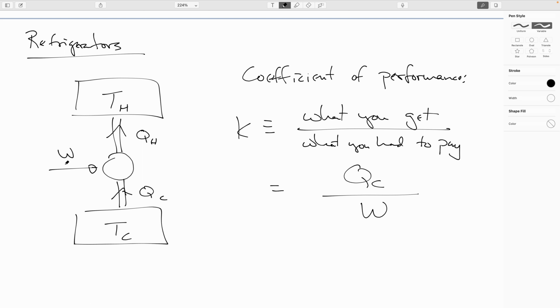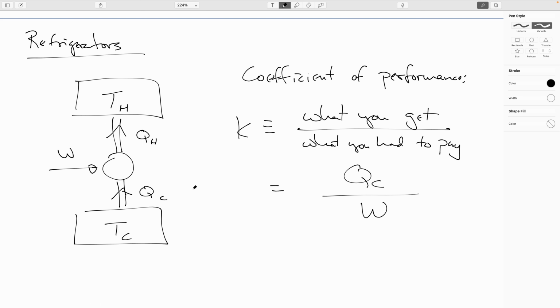And then you let the gas inside the refrigerator expand, and in order to do that, it extracts heat from the interior of the refrigerator. So Q cold is what's being pulled out from the sandwich. Q hot is what's going into the surrounding environment. And the work is coming from the motor that's being run by the electricity that you're getting from the wall.